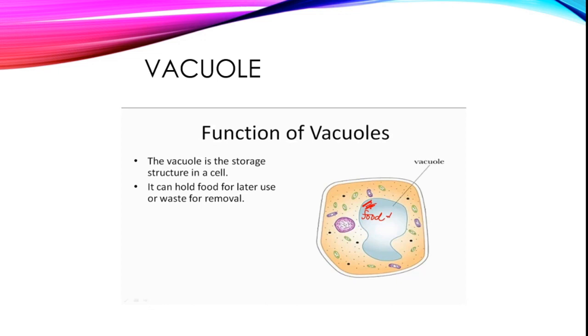Vacuole helps as a storage structure in the cell. It can hold food for later use or for removal of waste. The outer layer of the vacuole is called the tonoplast, which covers and protects the vacuole.